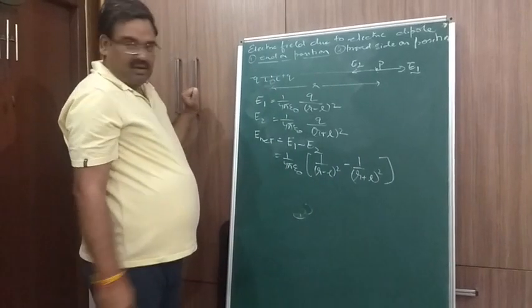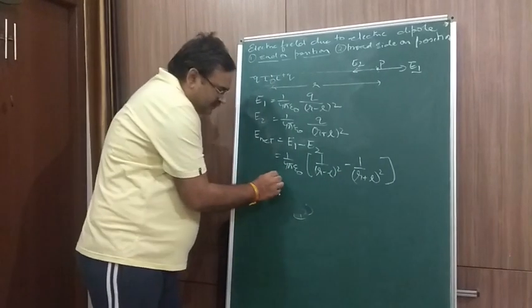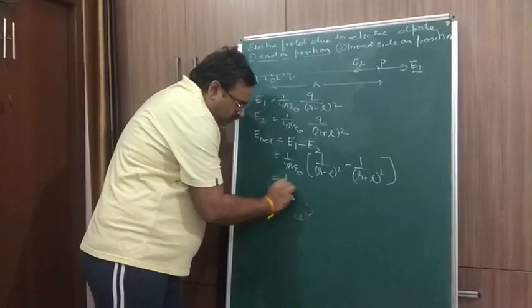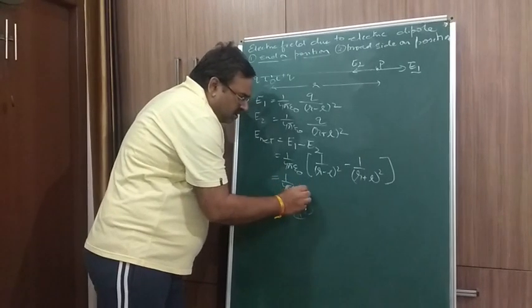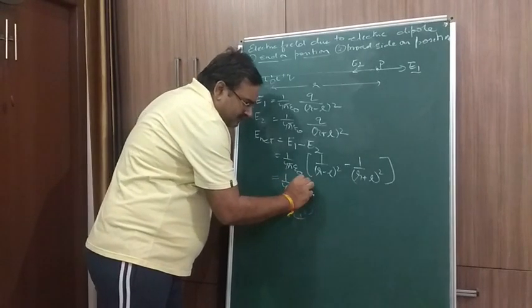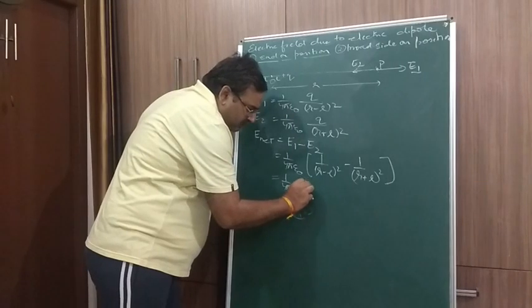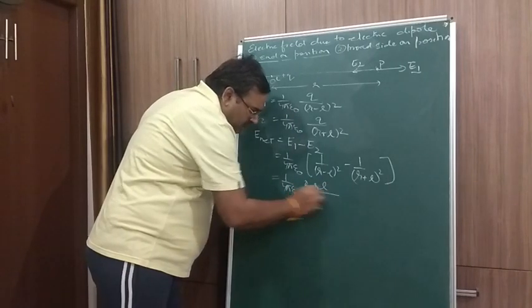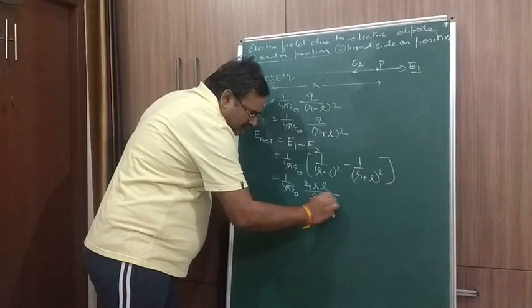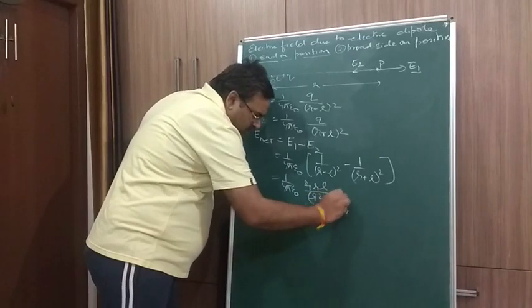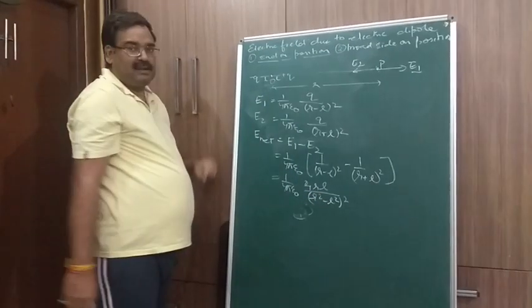Okay, and on solving we get 1 upon 4 pi epsilon naught, 4RL upon R square minus L square whole square. Clear?